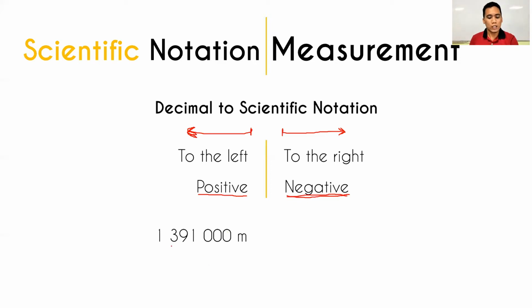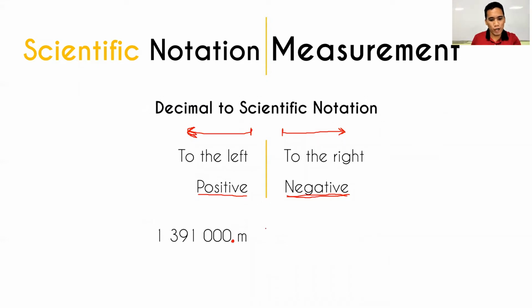Okay, so always remember that the decimal point of a whole number is at the end, after the last digit of your whole number. In this case, 0 is the last digit, so therefore your decimal point is after the last digit of your whole number.